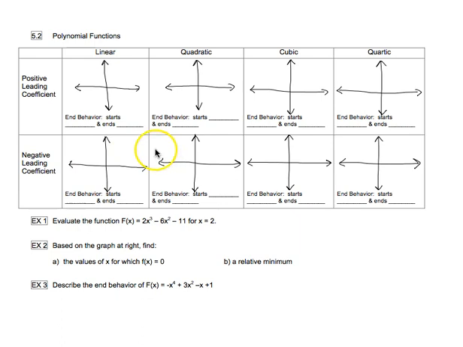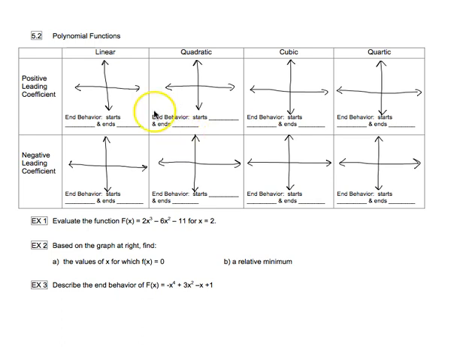So we are looking at four different main types of polynomial functions: linear, quadratic, cubic, and quartic. The way the graph looks depends on several things, but the main thing they're focusing on in this lesson is whether the leading coefficient is positive or negative.